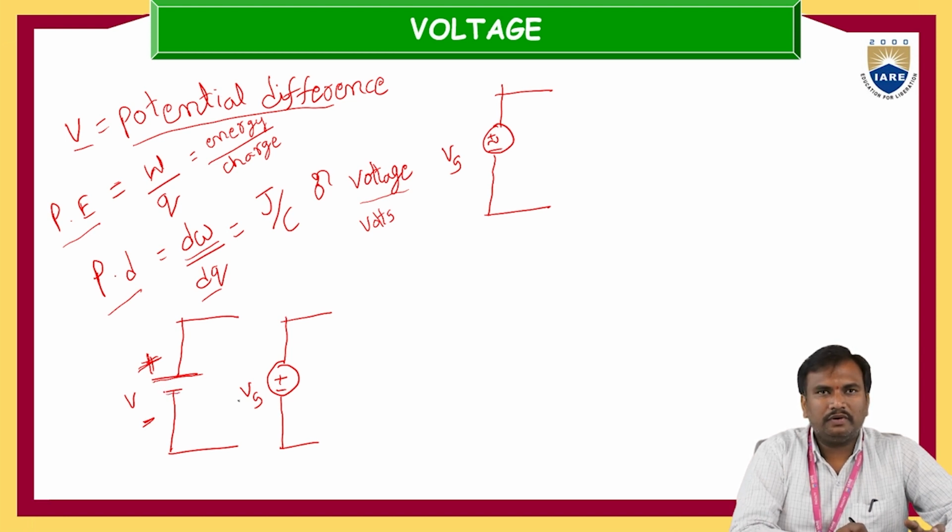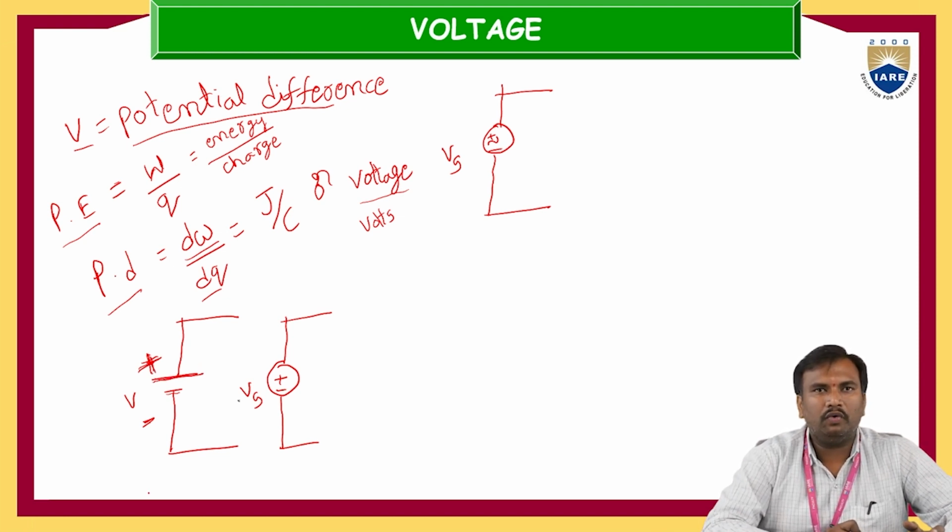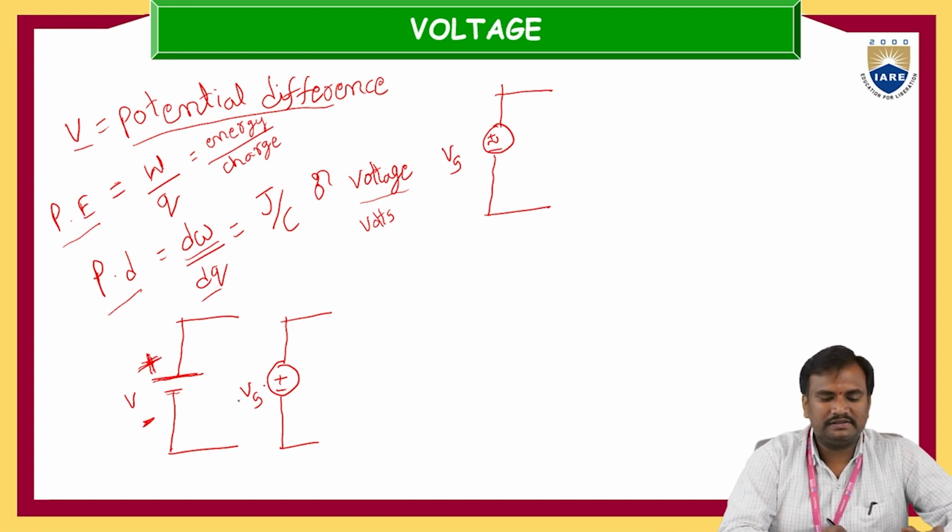The big length line indicates the positive of the voltage and the short length line indicates the negative. This is one way of representing the voltage, and another way of representing the voltage is a circle with plus and minus.